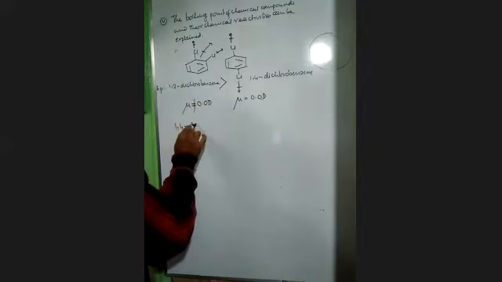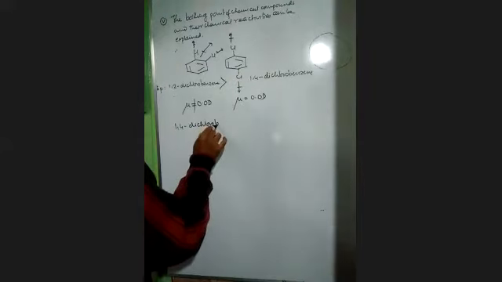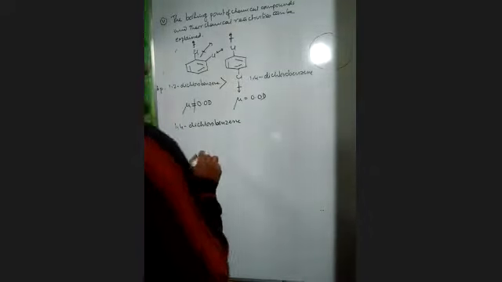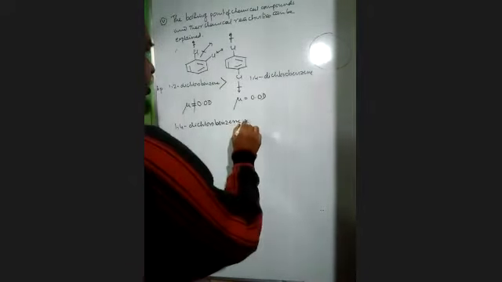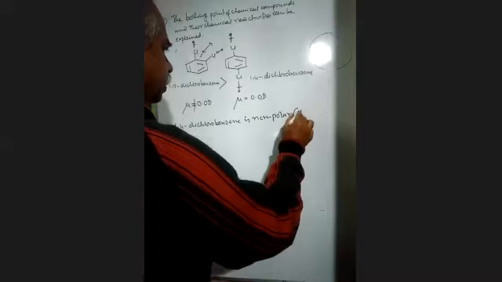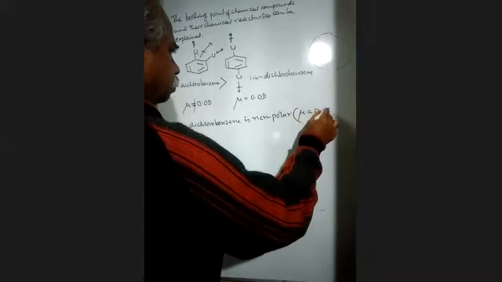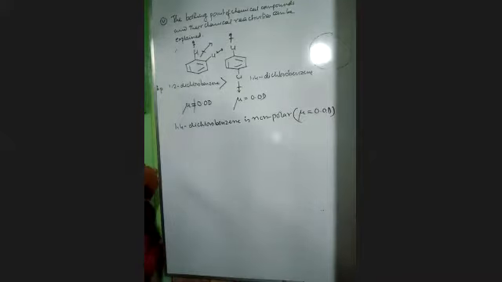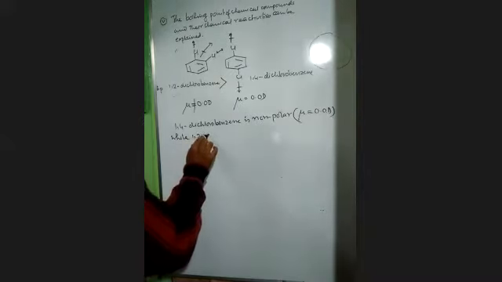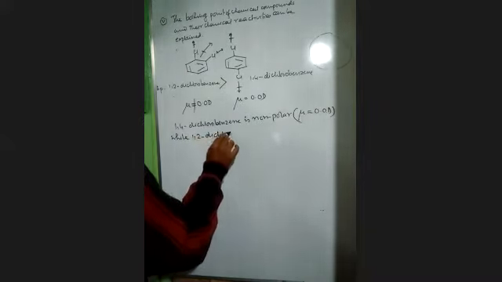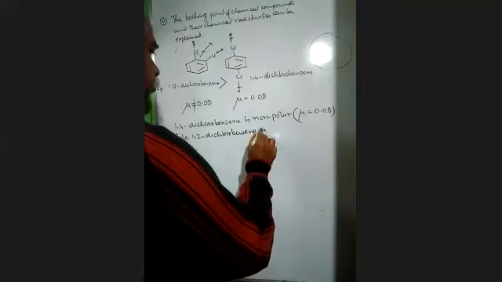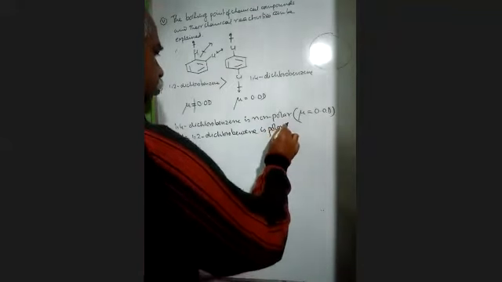1,4 dichlorobenzene is non-polar. 1,2 dichlorobenzene is polar.